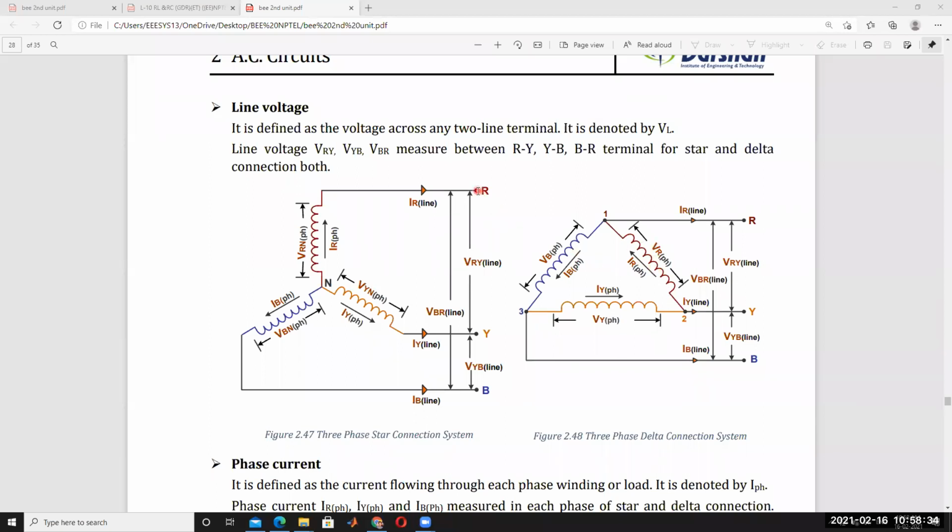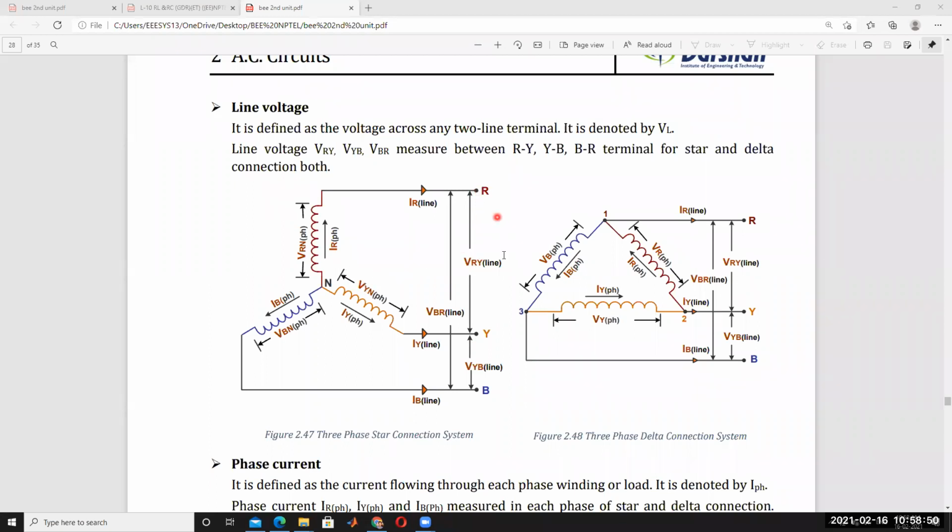But here, in between R and Y is called line voltage, and there are another two phases. That's why line voltage is not equal to the phase voltage in the star connection system. It is clear, understood?